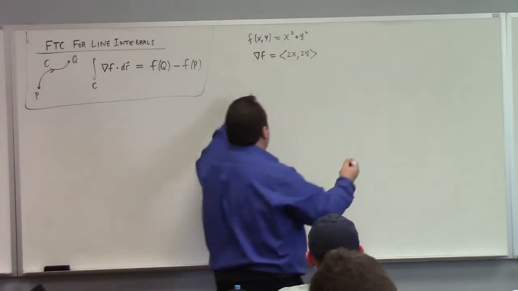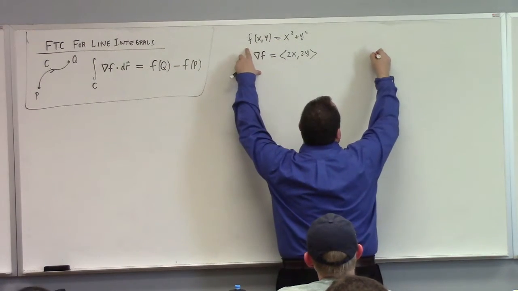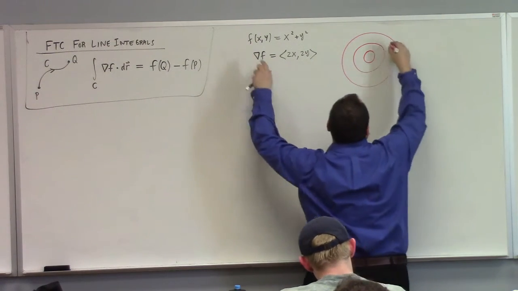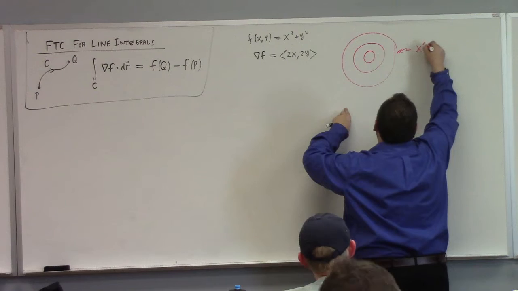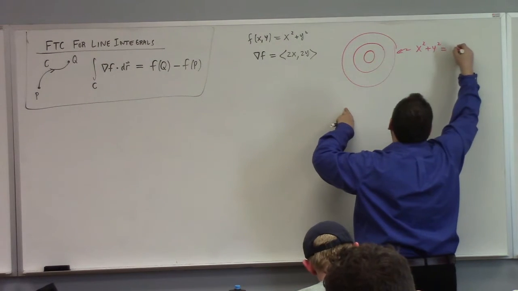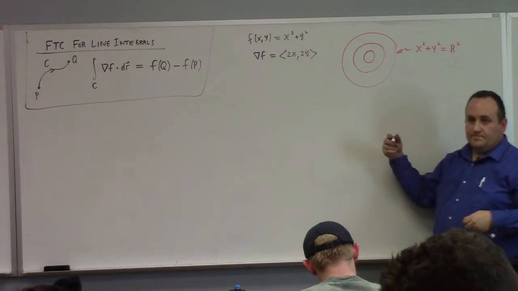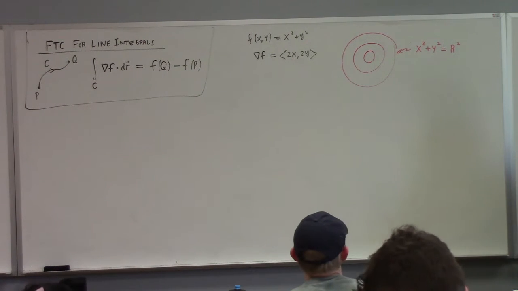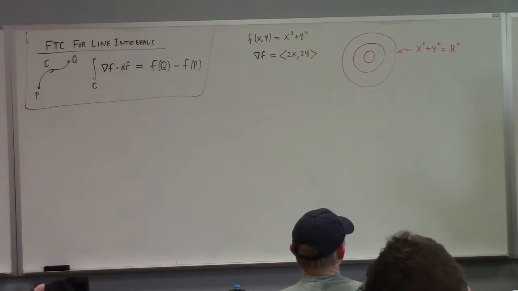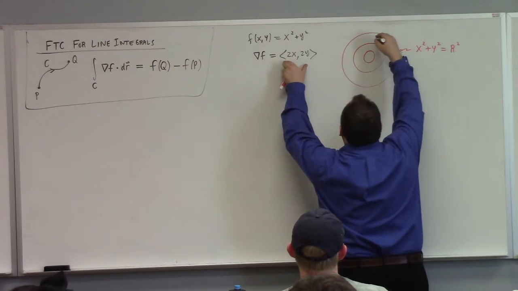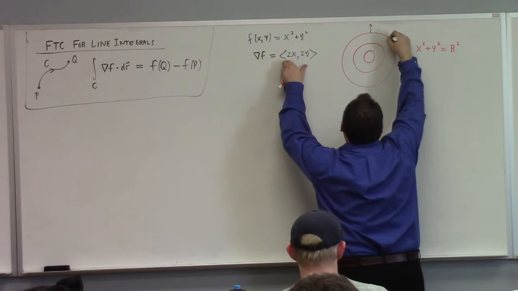The level curves of x squared plus y squared are circles. Yes, indeed. So these are x squared plus y squared equals r squared. If you like, they're level r squared curves for this function. If you plot the gradient of f, what's it look like? This is a vector field which is always pointing outward, so it looks like this.